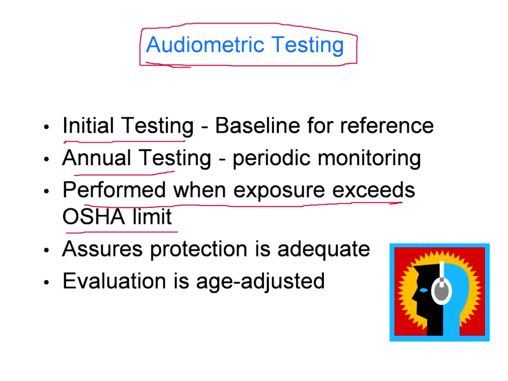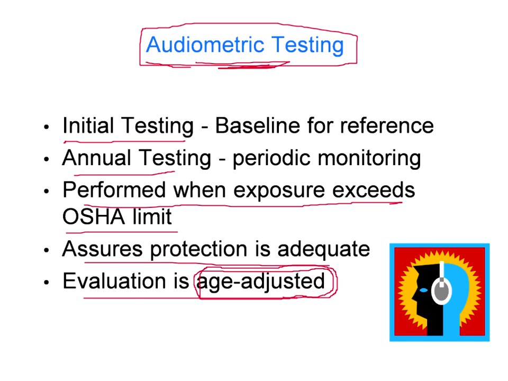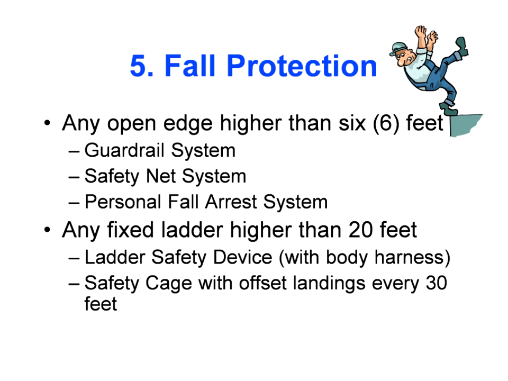Every year they have a check, performed when exposure exceeds OSHA limits, and it assures protection is adequate. Evaluation is age adjusted, depending on the age of the worker. This is just general knowledge I am giving you here.